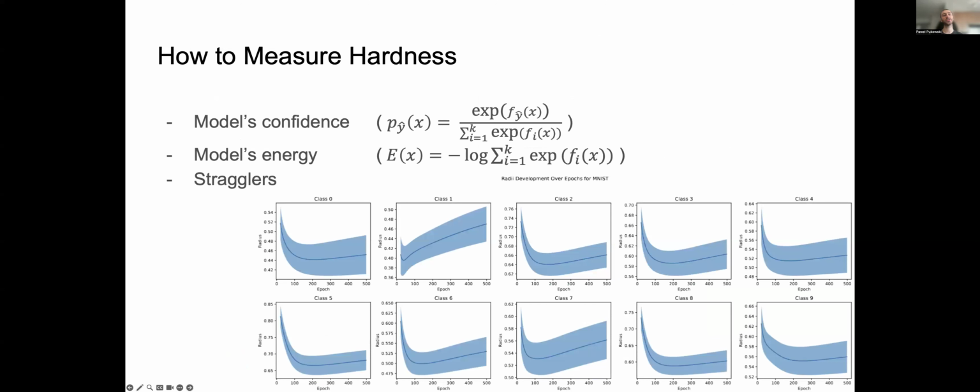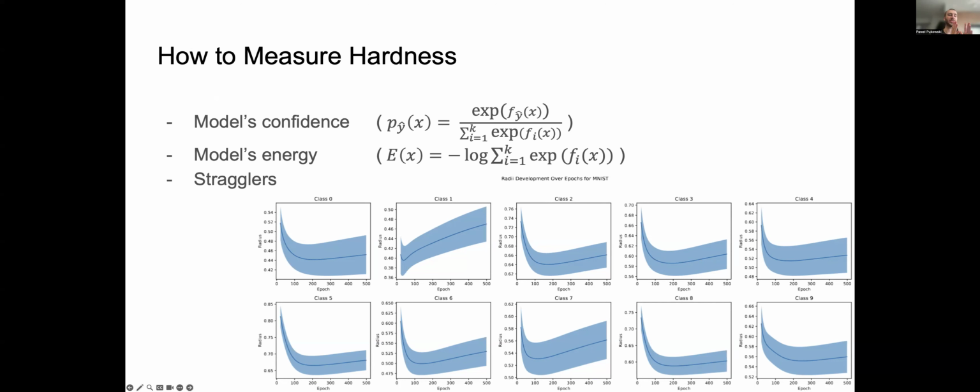Now, the question is how to measure hardness, and there is a multitude of research on how to measure hardness. We only use three measures. One is model confidence from curriculum learning, another is model energy from research on out-of-distribution data, and the final one is strugglers, which are learning-based. Basically, they assume that the learning happens in two stages.